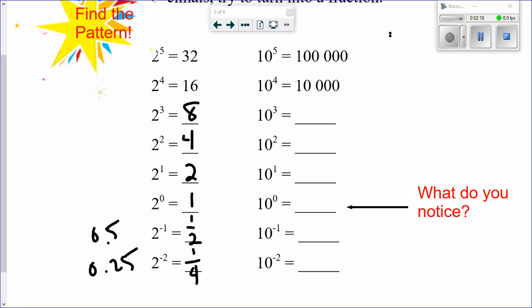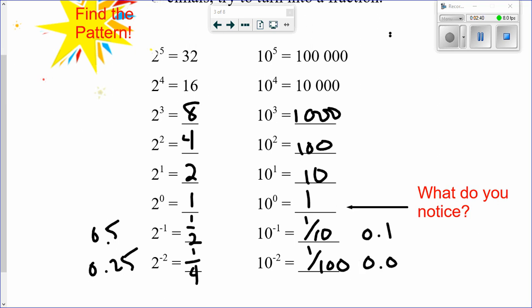Now, if you put this into your calculator, you probably got 0.5 and 0.25, otherwise known as 1/2 and 1/4. Now, the reason I've written it out as fractions is that it's probably easier to see what's going on.